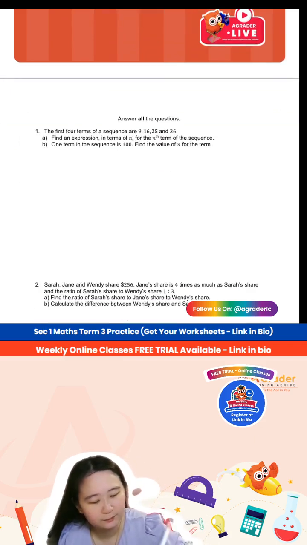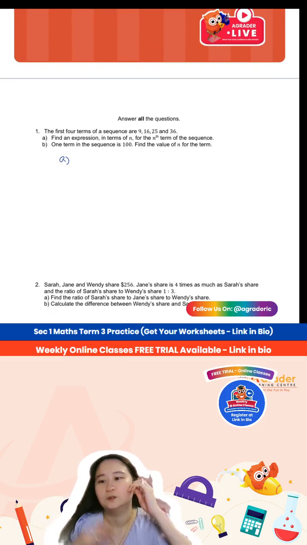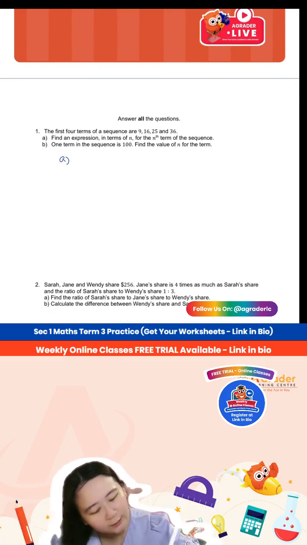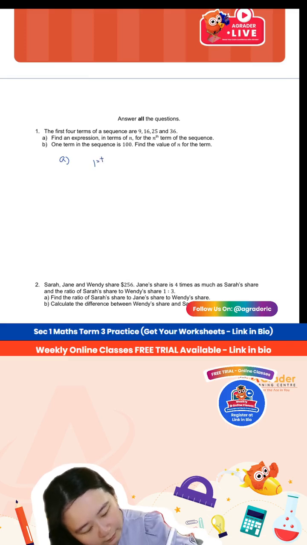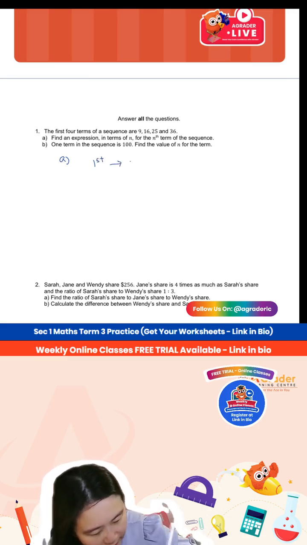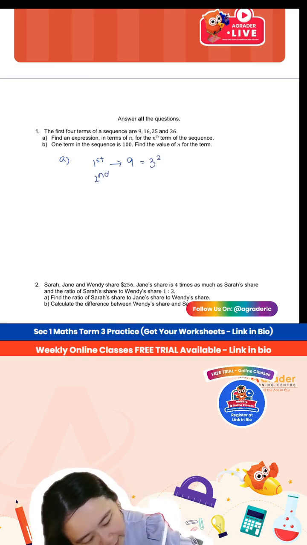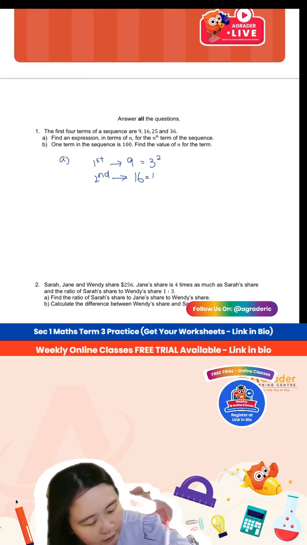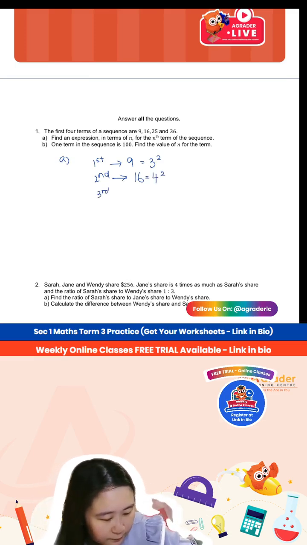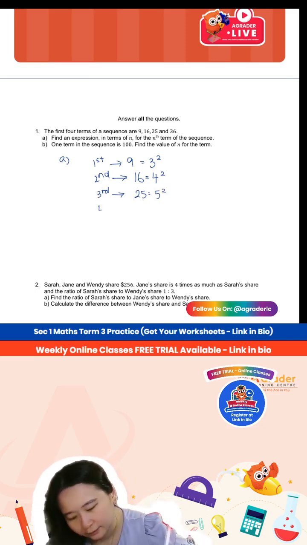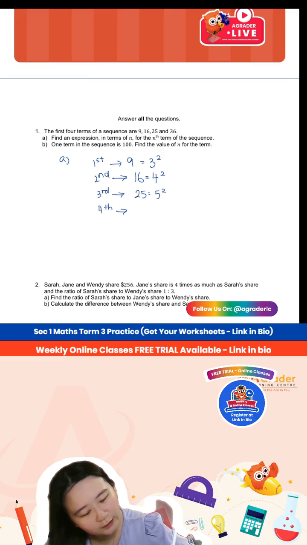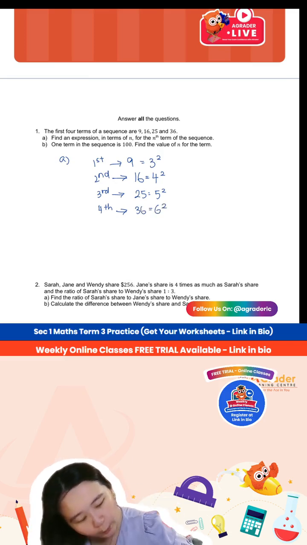So for part A, the first number is 9, which is 3 squared. Second number 16, which is 4 squared. Third number 25, which is 5 squared. Fourth number 36, which is 6 squared.